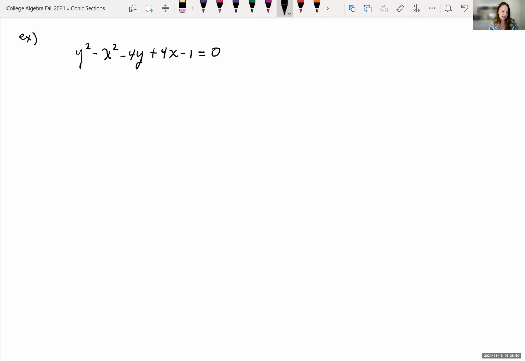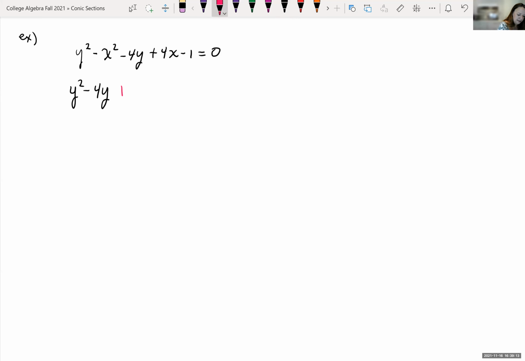So the first thing I do is group my x terms together, my y terms together, and the constant on the other side, because we're going to need to complete the square on both the x and the y terms. Rewriting this, we have y squared minus 4y. This is already in the form where I can complete the square because the coefficient in front of the y squared is 1.